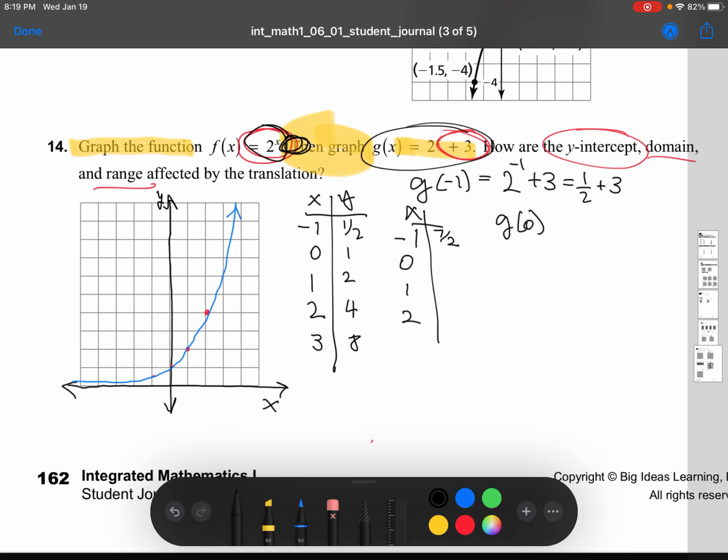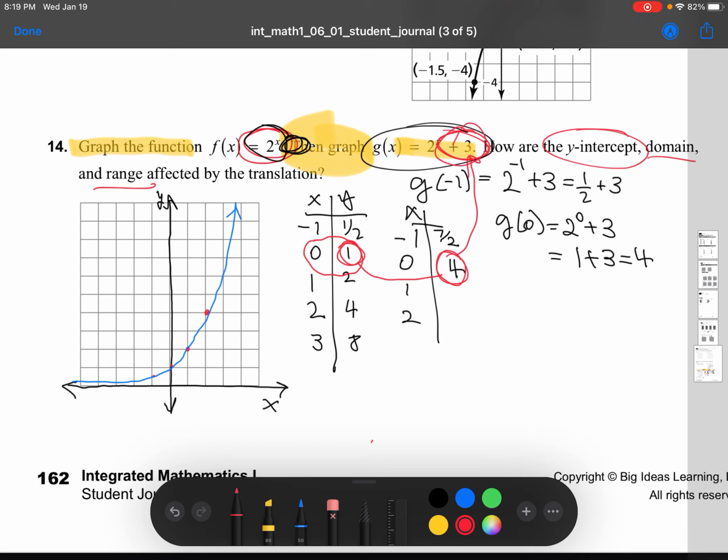G of 0 is 2 raised to the 0 plus 3. That equals 1 plus 3, which means it's 4. And I want you to notice this pattern. I'm going to use red. Can you see that when here it is 1, now it jumped up 3 units because of this 3.